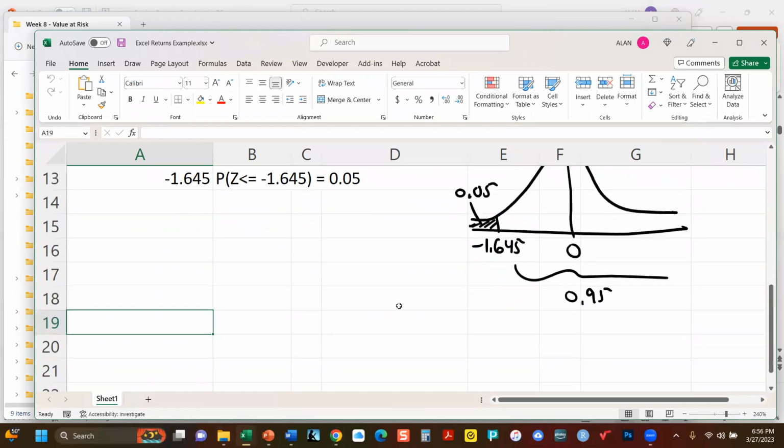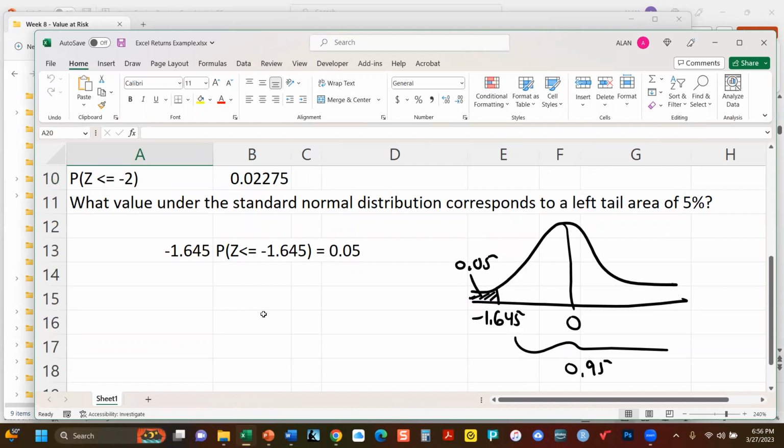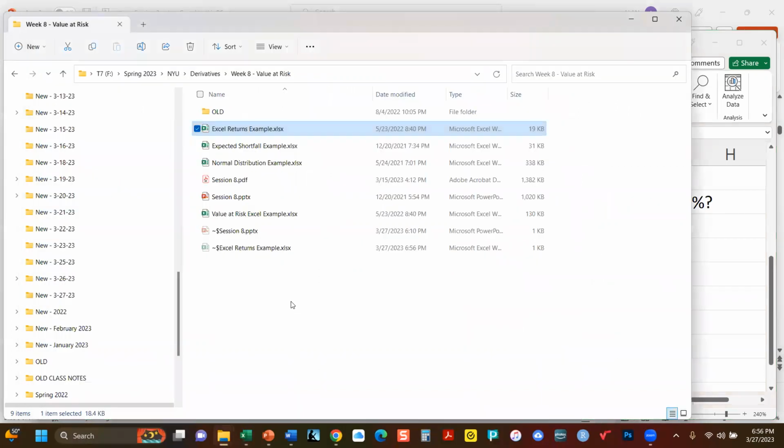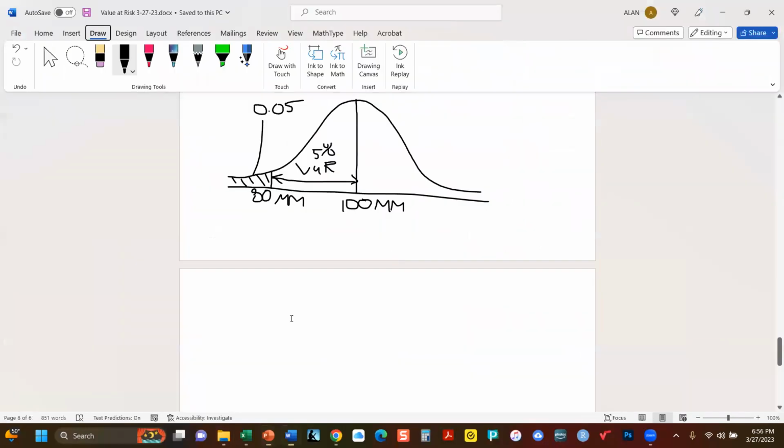But I just want to point out that for the value at risk methodology, we're going to use a special case of the normal distribution. Let's just quickly mention a few details here. The normal distribution is uniquely characterized by its mean and standard deviation.